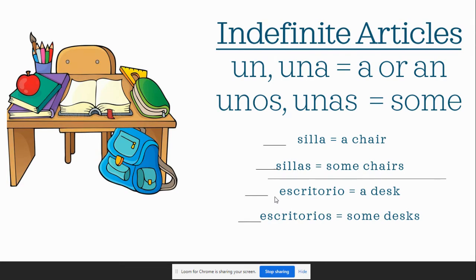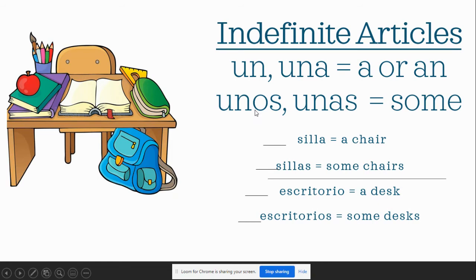Okay, guys, let's do the next one together. Look at escritorios. All right, what do we want to say? Yes, we want to say some desks. So we need that indefinite article, don't we? So let's select our indefinite article. Now, we know that we can't use unas because that would mean that we're working with a feminine noun, but escritorios is not feminine.